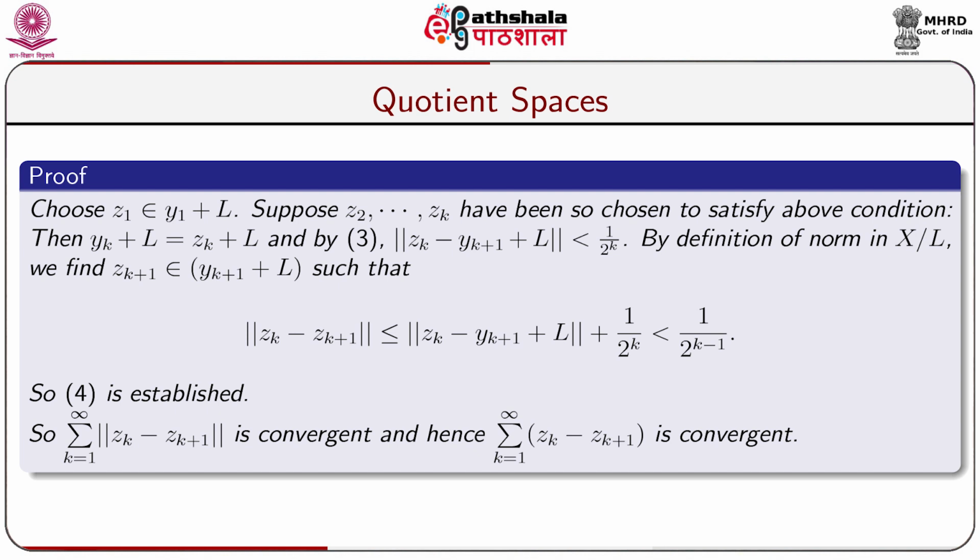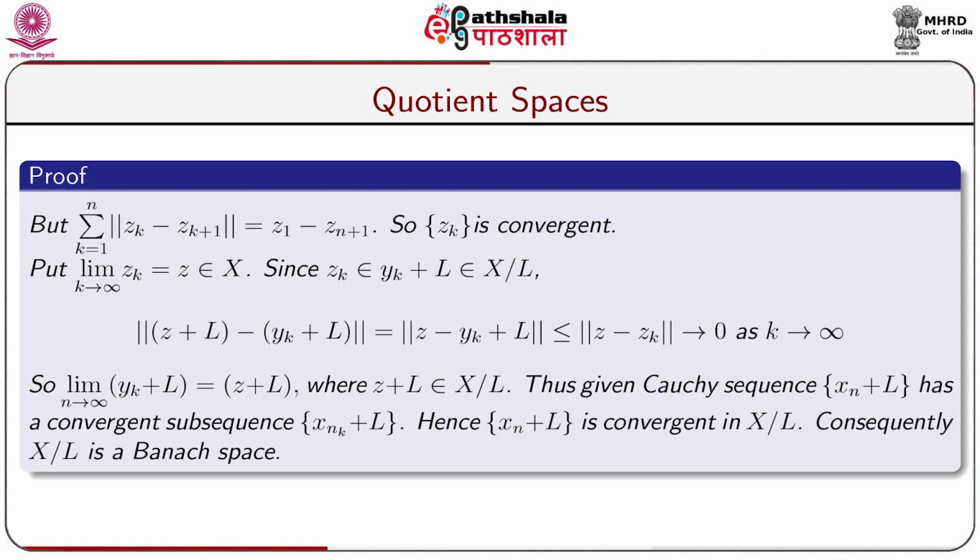So, that is why the sum from k = 1 to infinity of zk − zk+1 is convergent. But the sum from k = 1 to n of zk − zk+1, on simplification, we get z1 − zn+1.